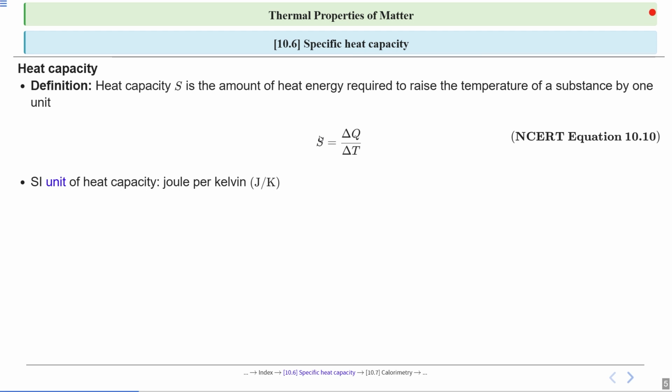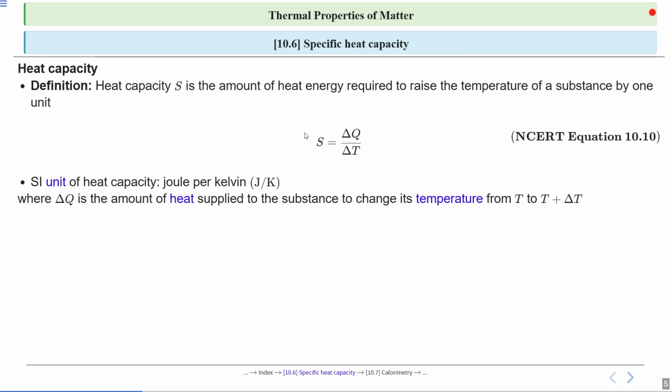Joule per Kelvin, where delta Q is the amount of heat supplied to the substance to change its temperature from T to T plus delta T. It means the initial temperature is T. When we supply heat, the temperature will change from T to T plus delta T. So there are two main types of heat capacity.